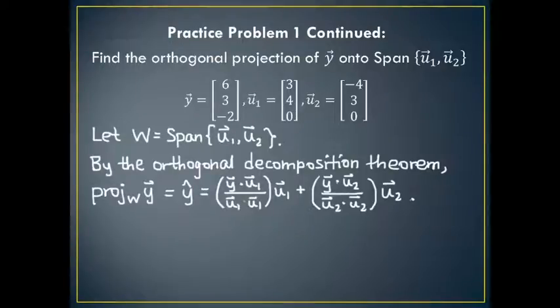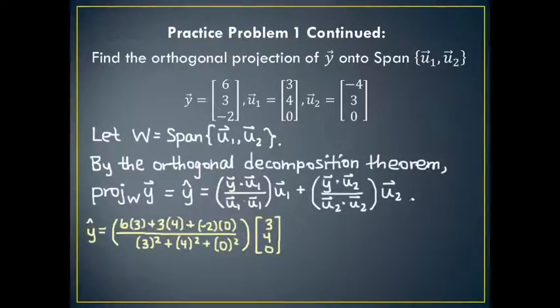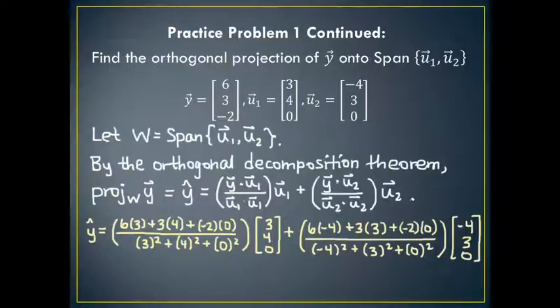That's just straight from the theorem. So let's set it up. Here is our y dot u1 over u1 dot u1 times the vector u1. And now we add on y dot u2 over u2 dot u2 times the vector u2.